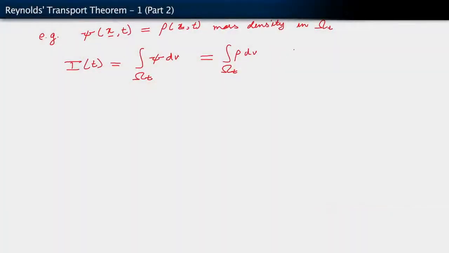We're asking, what happens if we choose psi to be the mass density? What's happening to this quantity I? We observe that this is just the total mass.